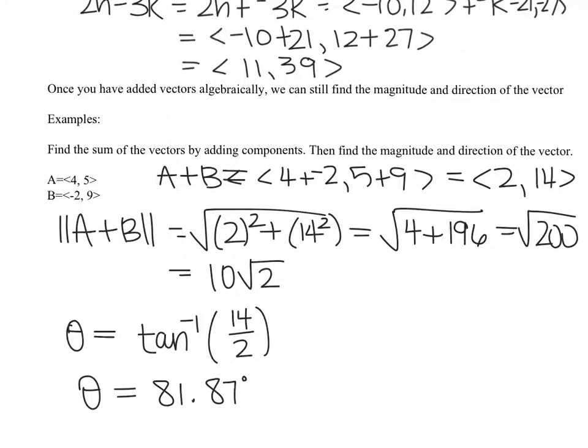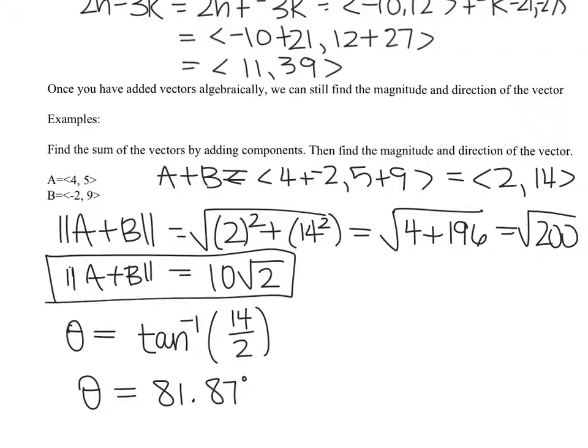And then lastly, we remember from direction, you have to check the quadrant you're in, and then <2, 14> would be in quadrant 1, so we don't actually have to change theta, because in quadrant 1, theta is theta. So we have a magnitude and we have the direction of the sum. This is specifically of the sum vector.